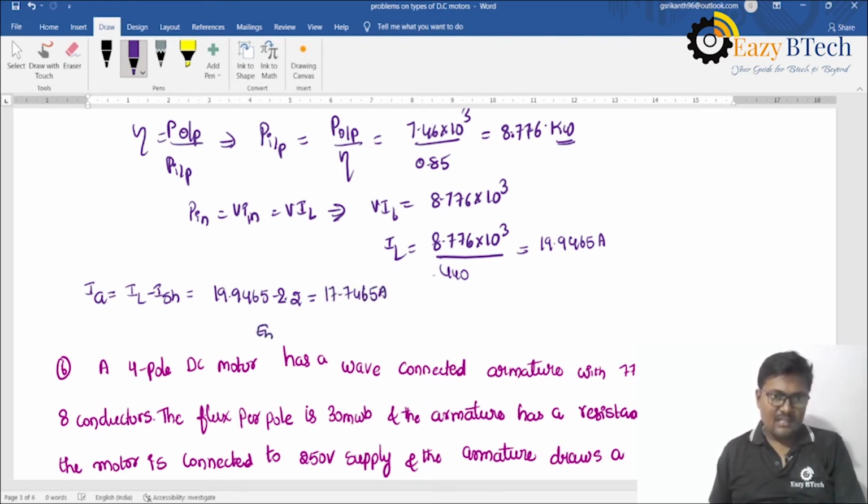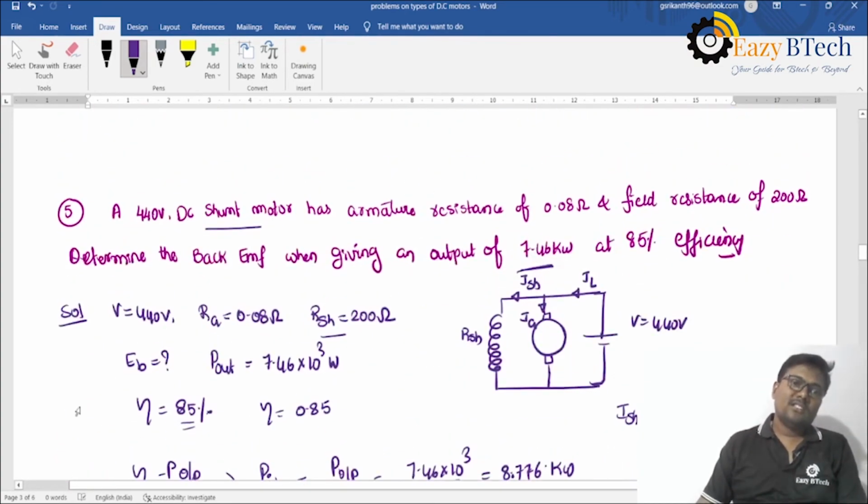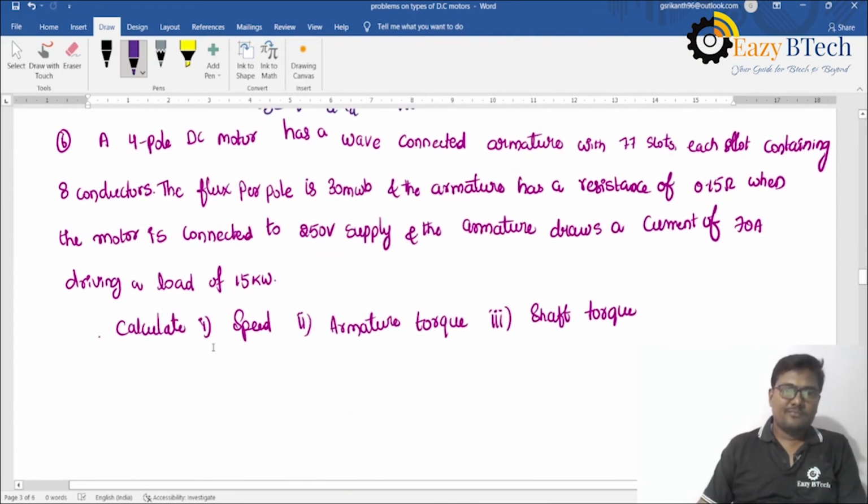And finally EB equal to V minus IARA, 440 minus 17.7465 into 0.08, that should be equal to 438.58 volts. And these are the different types of problems.